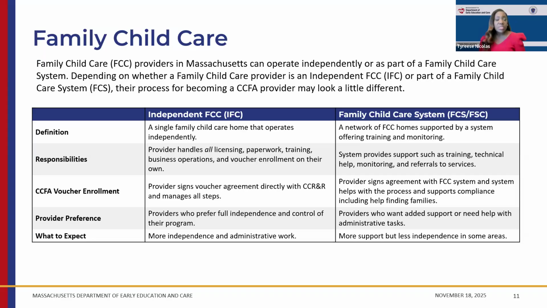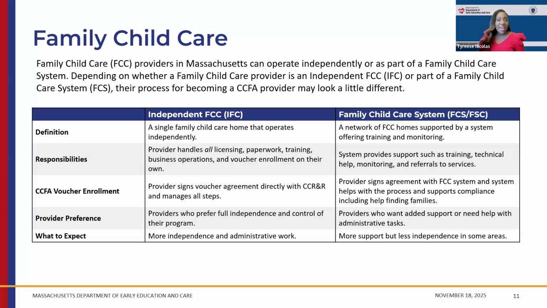If you prefer to have full independence and control of your program, you would tend to lean toward staying an independent family child care provider. If you prefer the additional support or need help with the administrative tasks related to child care financial assistance, you might sign up with the family child care system.